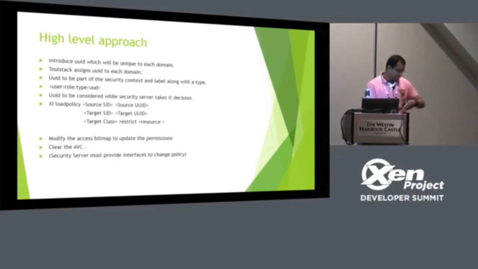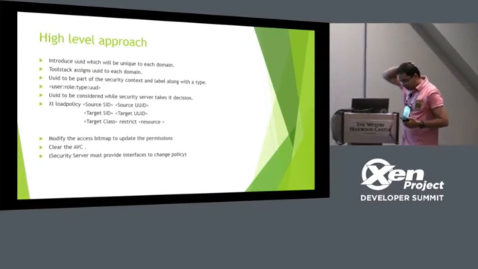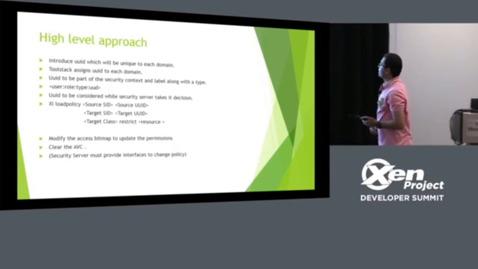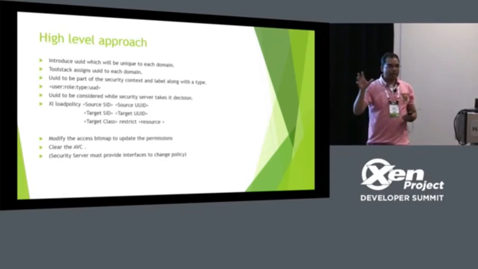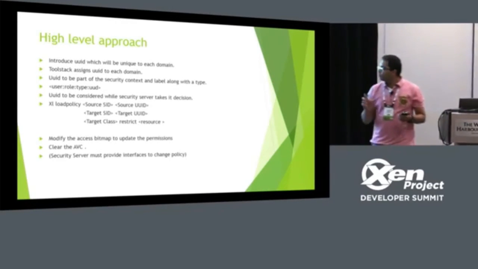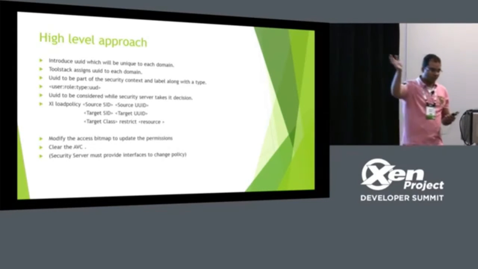And with 3 minutes left, what is the high-level approach that I have thought of and am trying to implement? With each domain, I am trying to introduce a unique identifier, which will be included right from the stage the domain is created, along with the security label.